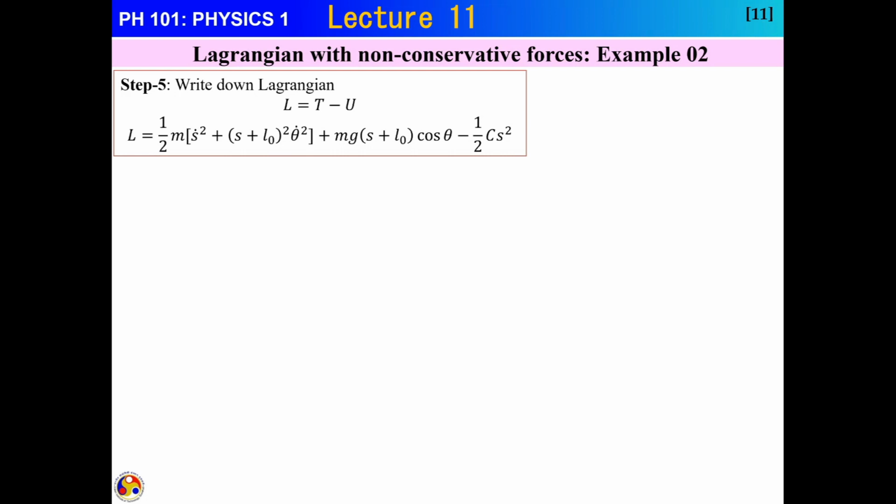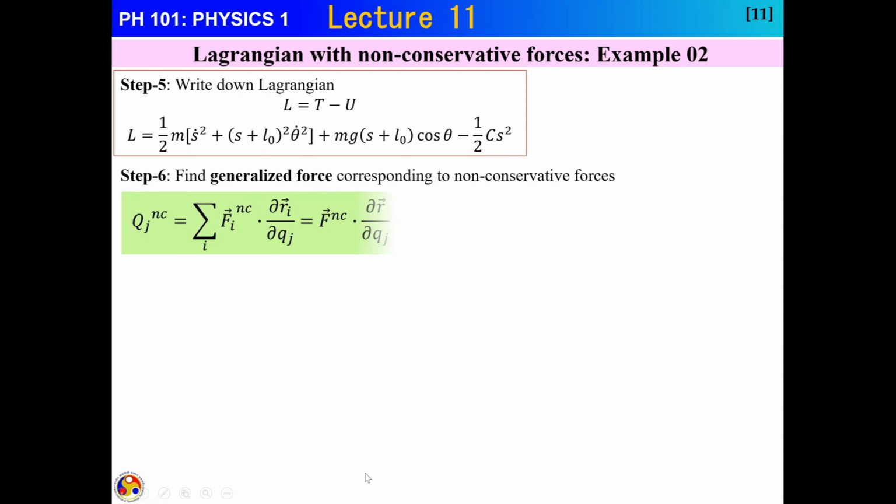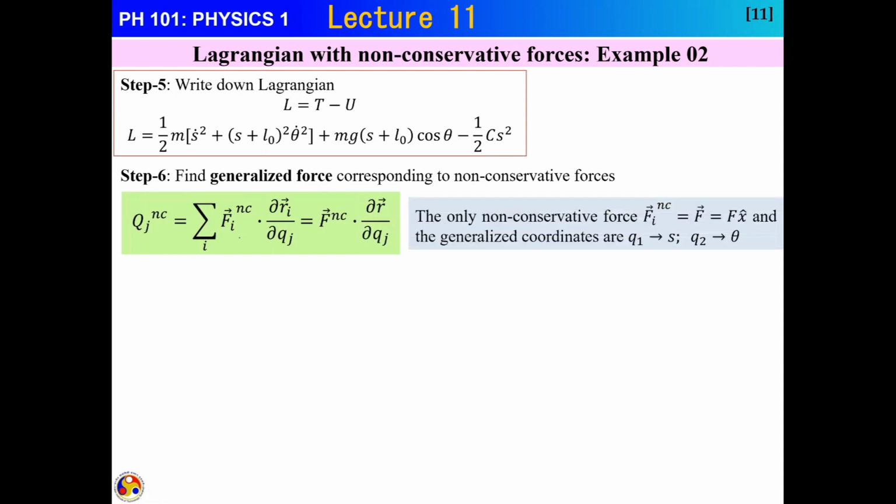Now, how are we going to adopt the generalized force corresponding to the non-conservative force? We need to write the generalized form, which is given as the non-conservative force Qj equals F dot the partial derivative of R by the generalized coordinate. Here I have two generalized coordinates, one is s, the other one is theta.